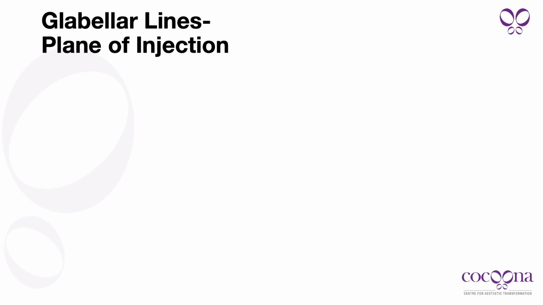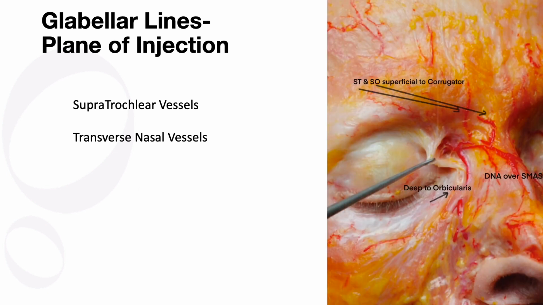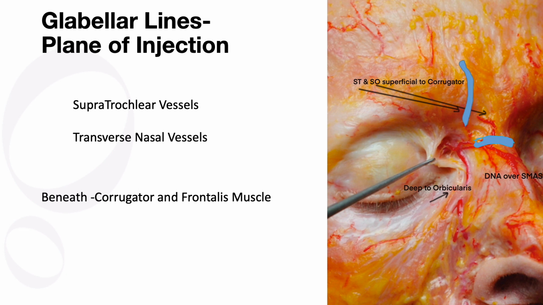So what is the plane of injection in the glabellar region? Remember the anatomy: the supratrochlear vessels and transverse nasal vessels in this region are located beneath the corrugator and the frontalis muscles, so they are fairly deep. And the vessels lie directly underneath the crease and the groove.